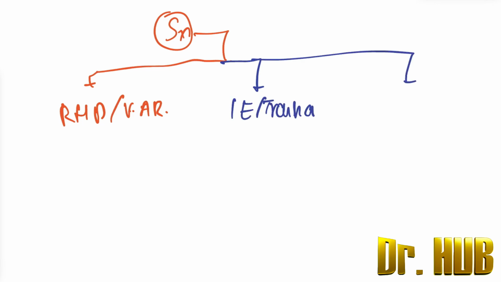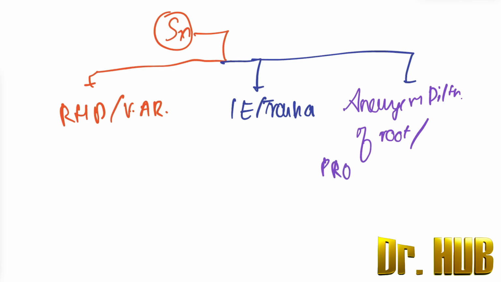And lastly, there is aneurysmal dilation of the root and the proximal descending aorta. So there is rheumatic or valvular AR, infective endocarditis or trauma, and the third category is aneurysmal dilation of the root or the proximal descending aorta.